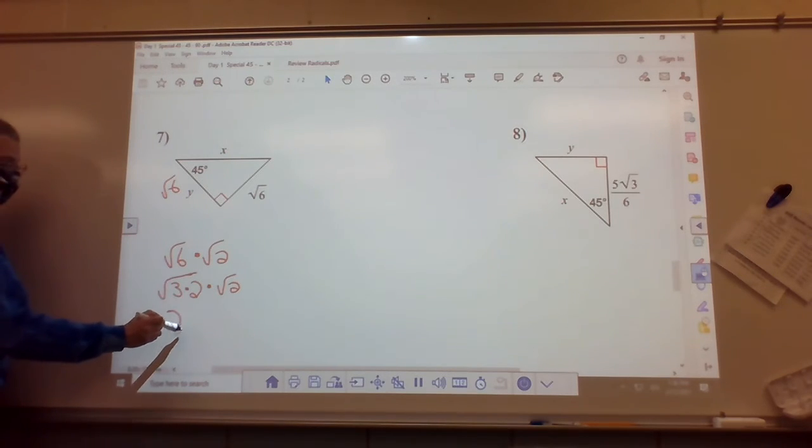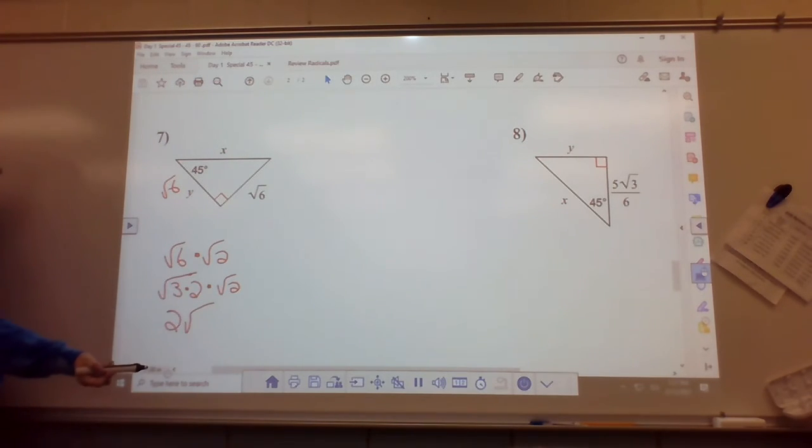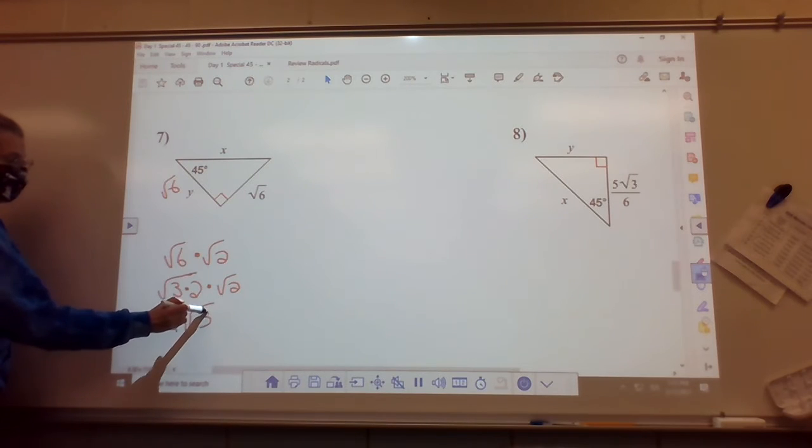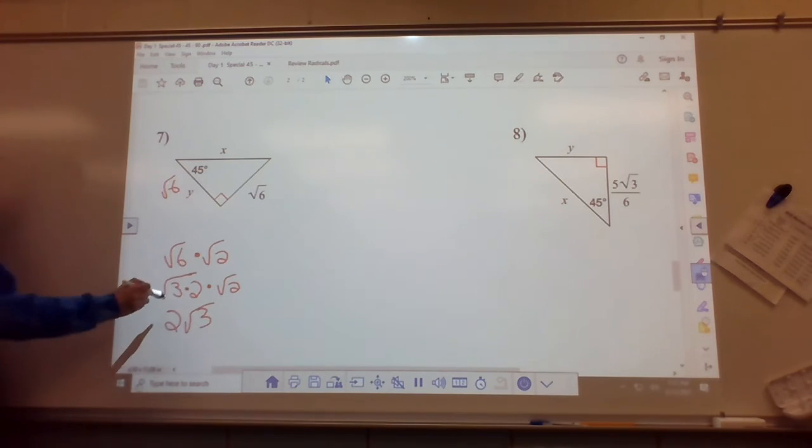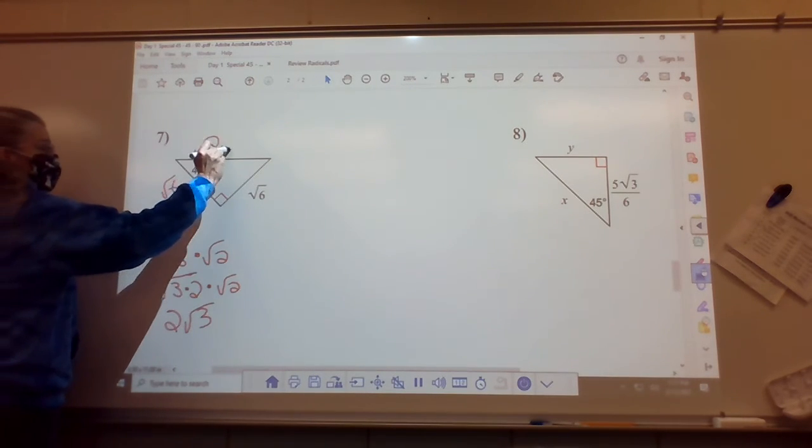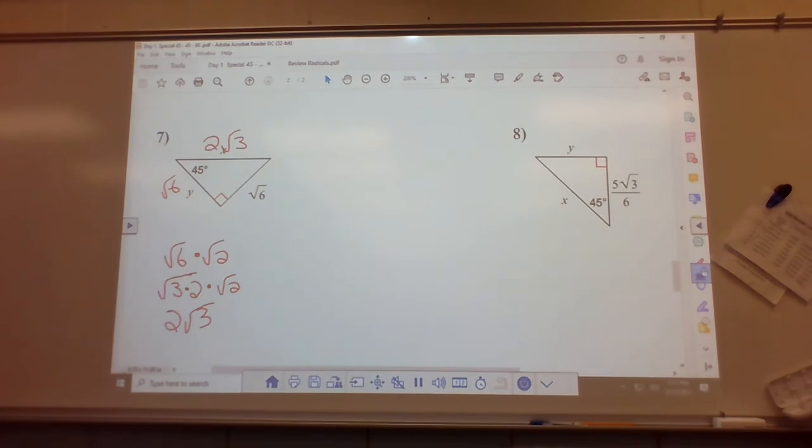So 2 can come out, and what has to stay under? 3. So that's the answer I'm looking for, 2 radical 3. So that's my hypotenuse. Now, like I said, if you put radical 12, it's not wrong, it's just not really finished. It's not simplified. But at least you knew the pattern. So I will give you something because you knew you had to multiply.